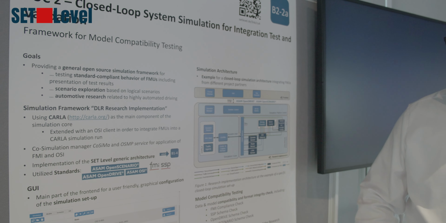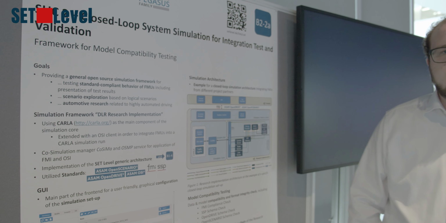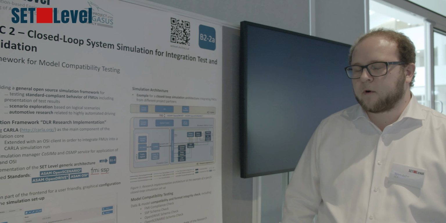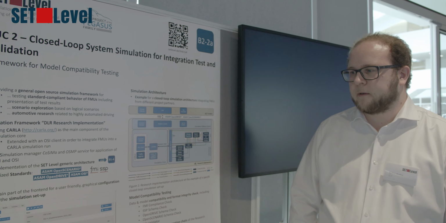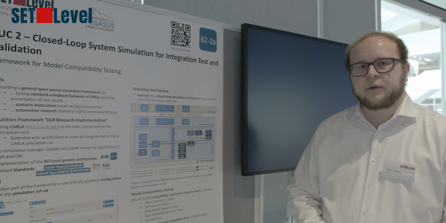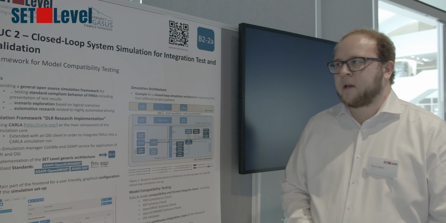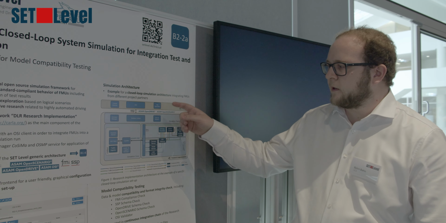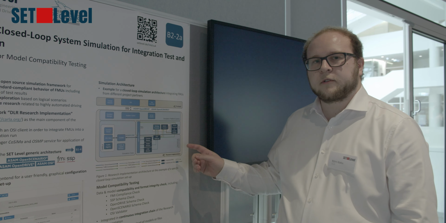To create one running simulation, we built a GUI, which is a website on which you can set up your simulation. This simulation setup will be saved as an SSP and will be transmitted from the front end to the back end, where the whole simulation is running.